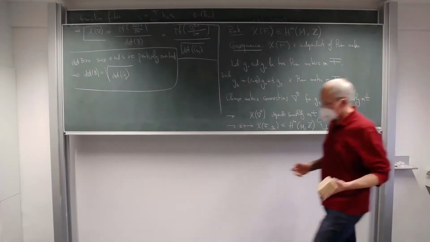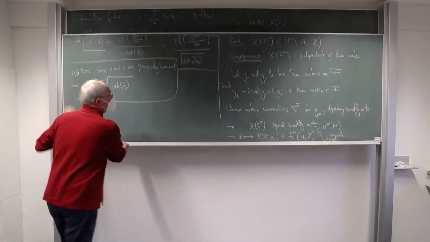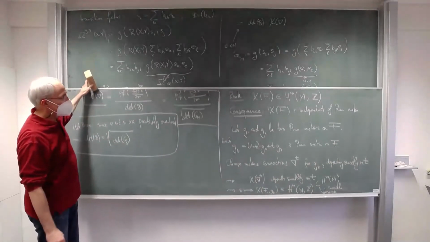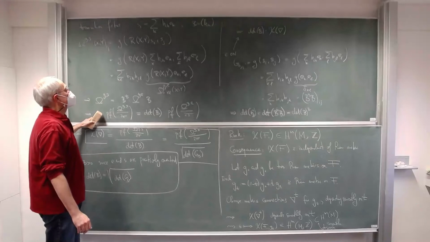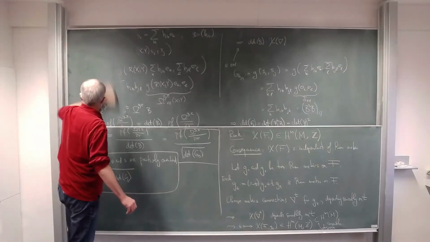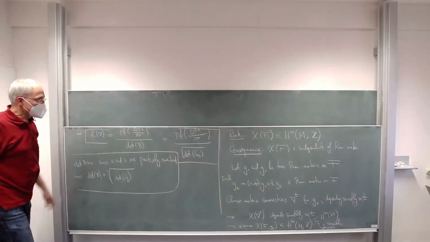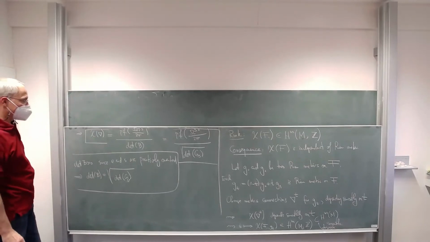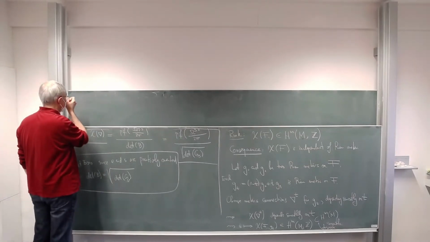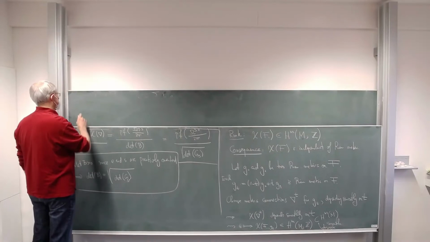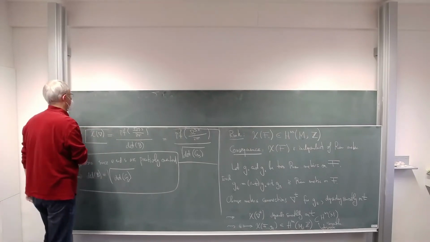So the next thing is to compare Euler classes and Chern classes. Okay. So let's start with a Hermitian vector bundle.